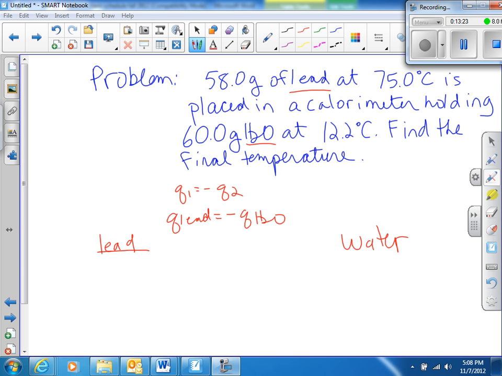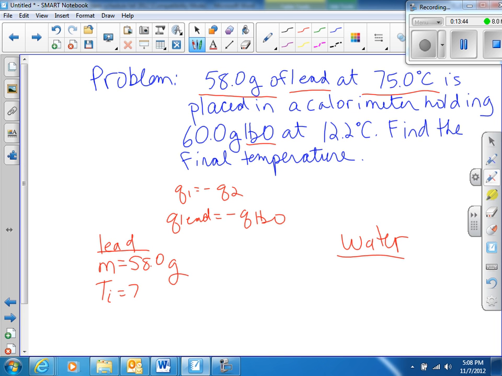Okay, I was saying we have 2 substances, lead and water, and we're going to figure out what data goes where. 58 grams of lead, hopefully you recognized, is our mass of lead. And the lead is at 75 degrees Celsius. Initial or final, ladies?